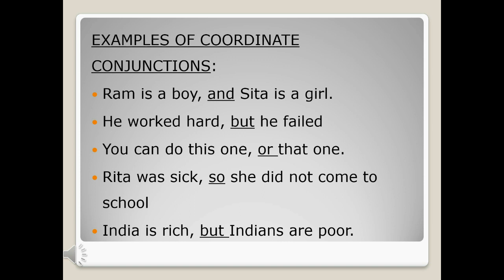So, and, but, or are coordinate conjunctions and they are used to join main clauses or phrases or words.